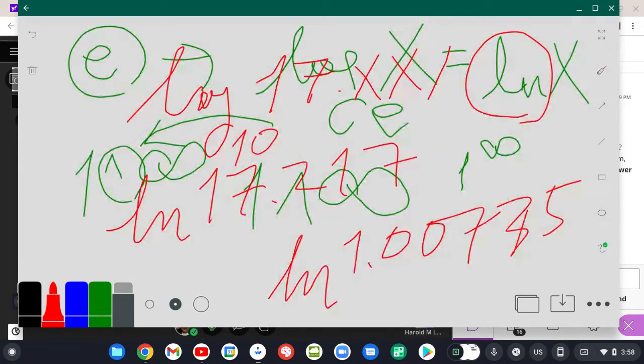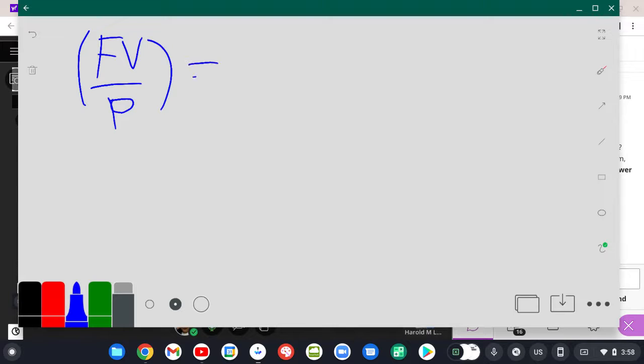In two ways. One, because remember we have that. No, go away. We are stuck here. In other words, we have FV over P equals 1 plus R raised to N. It can help us in two ways.